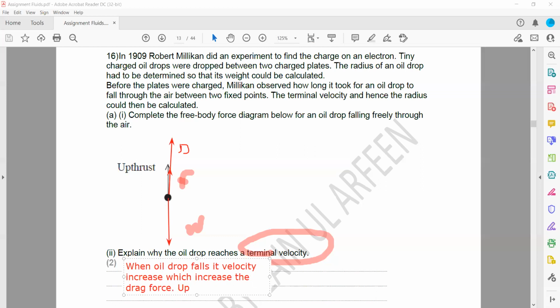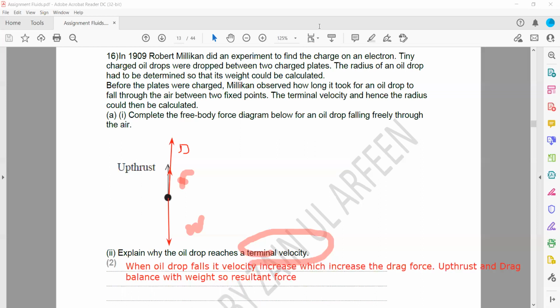So upthrust and drag balance with the weight, so no resultant force, and it will fall with a constant speed.